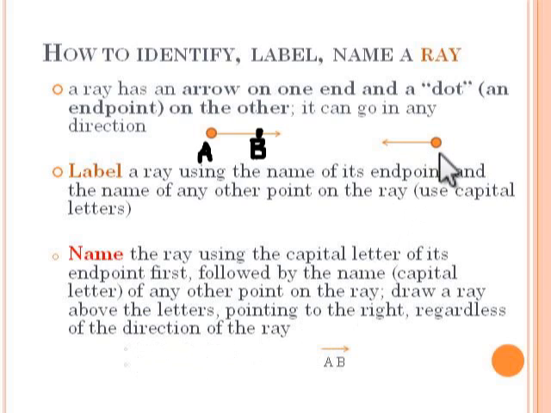So this particular one, I'm going to label A, B. They would both be named the same way. The endpoint first. A is the endpoint on each. B is another point along the ray. And it's pointing, meaning the line part has the arrow toward the right. So that's the one that's a little bit tricky.